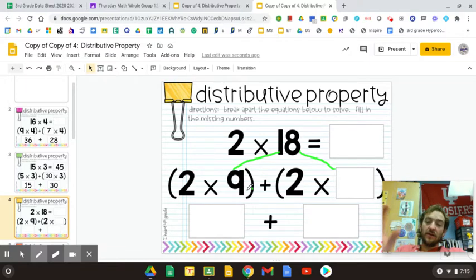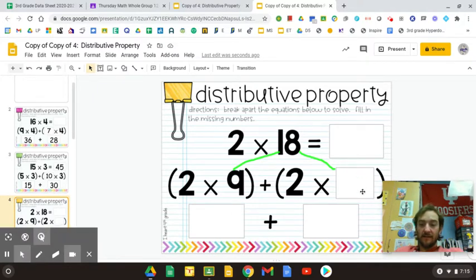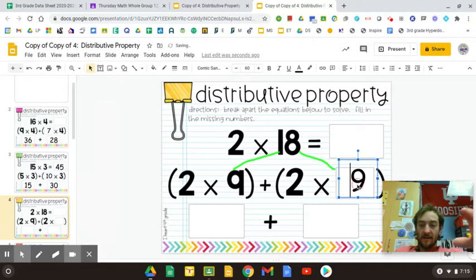So you can go 9, 10, 11, 12, 13, 14, 15, 16, 17, 18. So I got to 9. So you're going to know that this is 9. So then all you're responsible for is multiplying. 2 times 9, 2 times 9, and then you add them.